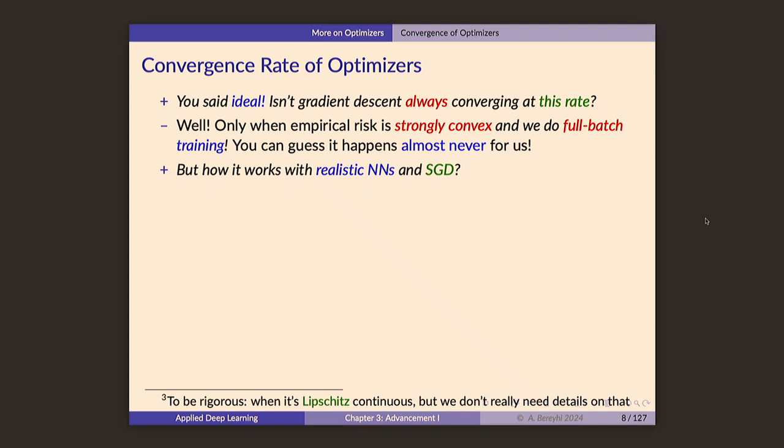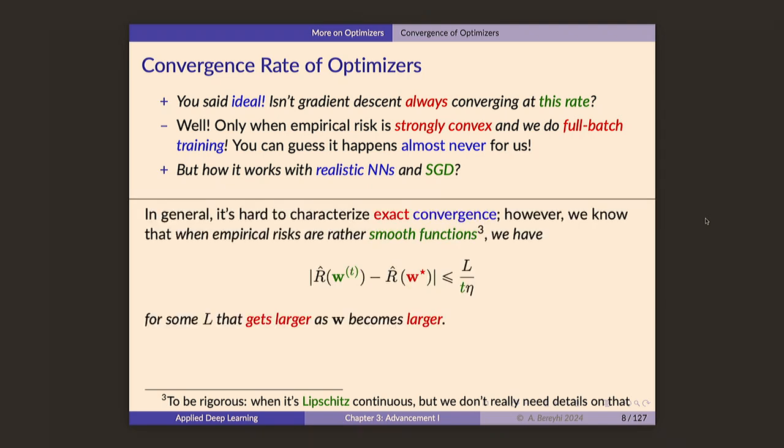So you neither do full batch training, nor is your empirical risk going to be strongly convex, because it's going to go over all of those weird ReLU and different activation functions, and then you compute the cross entropy, which is going to give you a very weird function, right? So now, in realistic neural networks with stochastic gradient descent, you are not going to have this, but rather you're going to have such a property. Yeah?